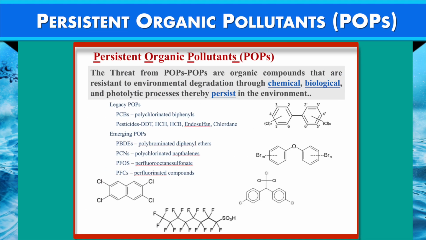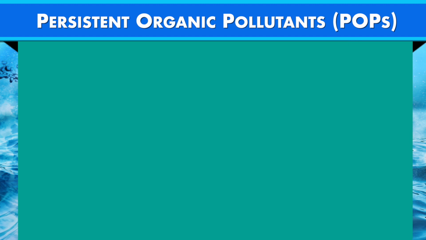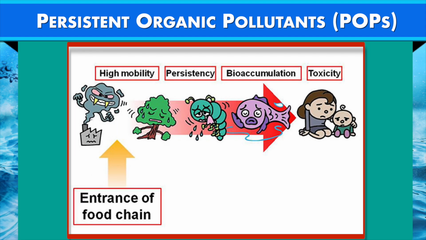These compounds include persistent organic pollutants such as polychlorinated dibenzo-p-dioxins, polychlorinated dibenzofurans, polychlorinated biphenyls, and organochlorine pesticides such as DDT, hexachlorocyclohexane, chlordane, and hexachlorobenzene. POPs are mostly anthropogenic chemicals that are semi-volatile, persistent, and able to undergo long-range atmospheric transport.